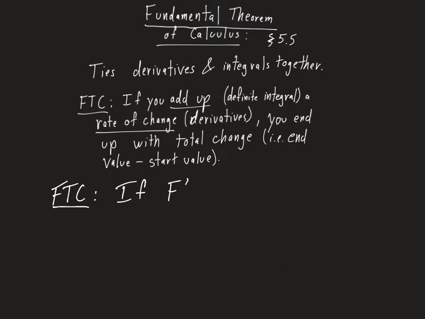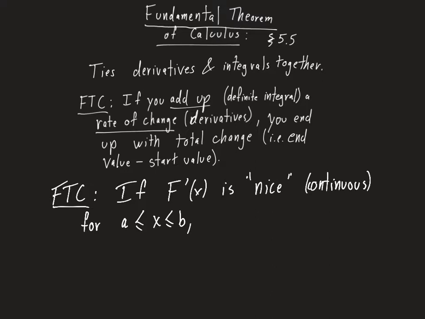If the function f prime of x is nice, don't want to go into too many details here, but this basically just means continuous, for x values that are between a and b, then we have the following formula.